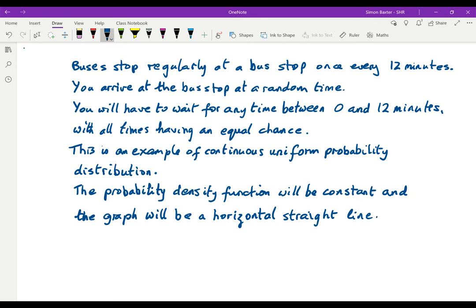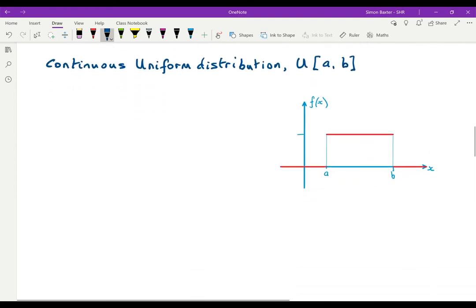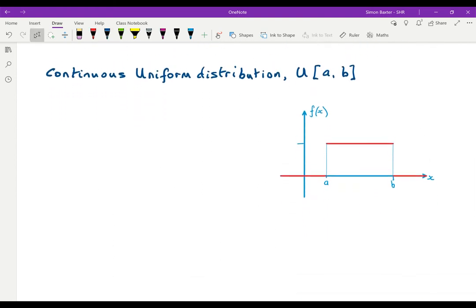The probability density function will be constant. That means that the graph will be a horizontal straight line. Well, let's have a look at a general case of this. Continuous uniform distribution. Firstly, we normally write this as U, square brackets, AB.